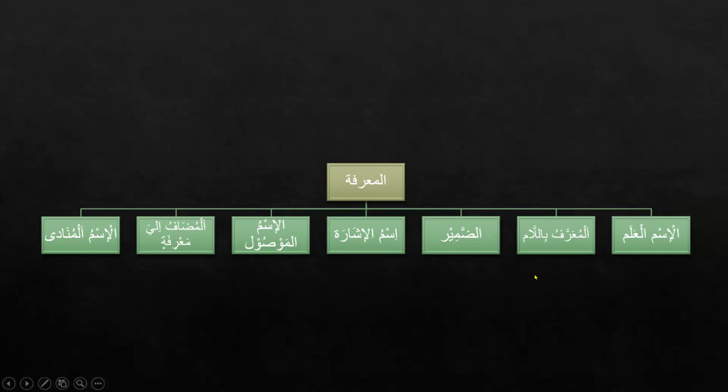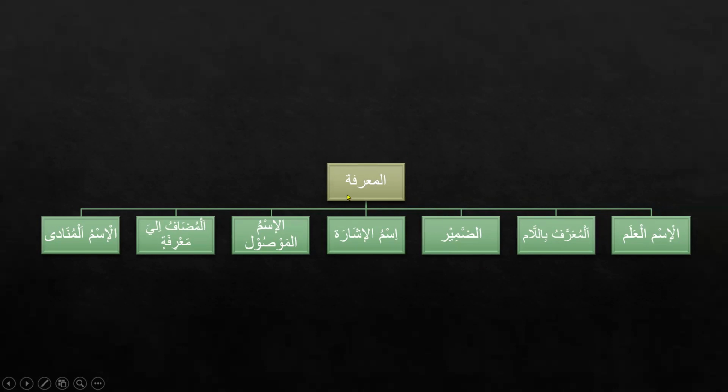So there is a reason behind revising this chart, because I wanted you to see this at Damir. I want you to see that it was one of the types of Marifa ism that we learned in the beginning, that there are seven types and one type was Ad-Damir. All the Damair are Marifa.